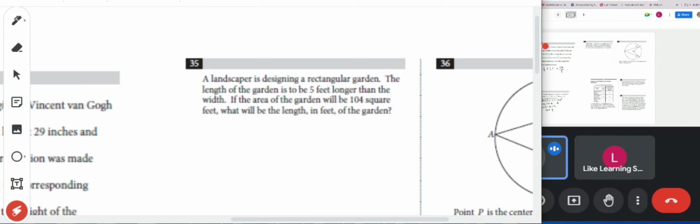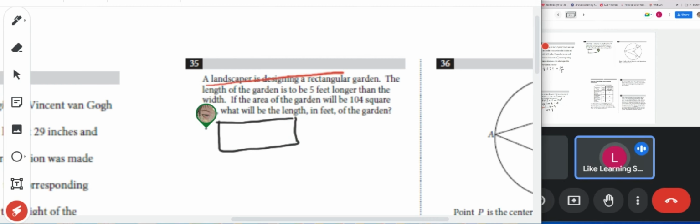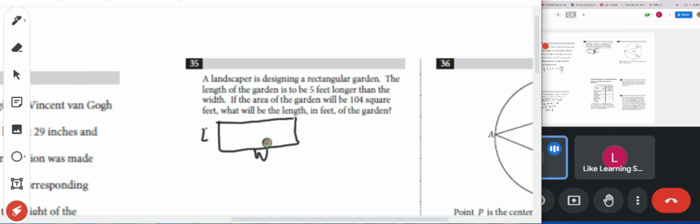So the landscaper is designing a rectangular garden. The length of the garden is to be 5 feet longer than the width. So L is equal to W plus 5.